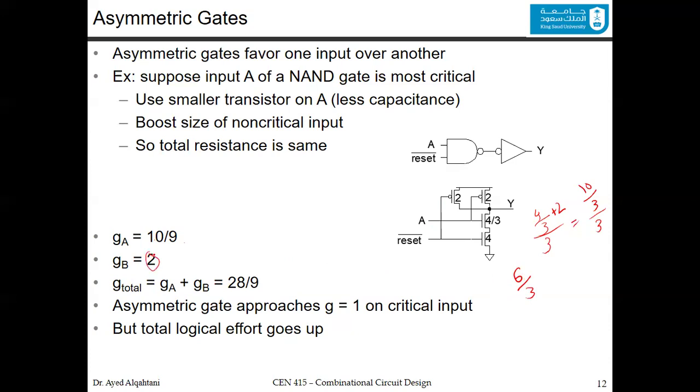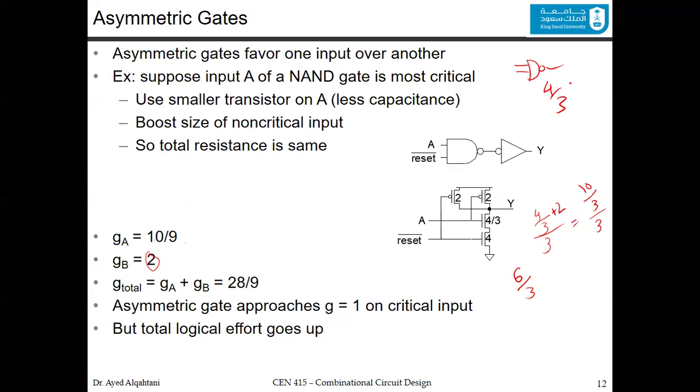Now, if you remember the logical effort of the NAND that we know, the 2 input NAND, we said that the logical effort is 4/3. So let's compare the 4/3 for each one of them. You can see that for this one, it's 10/9.